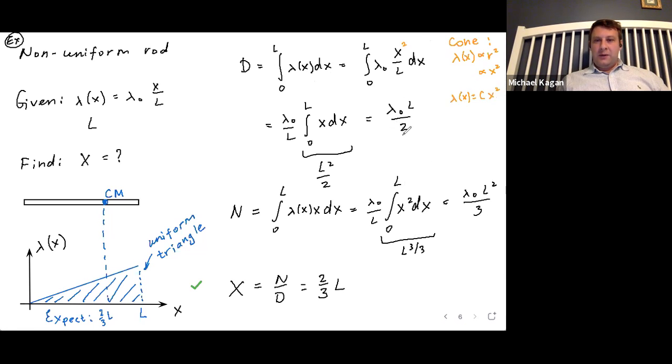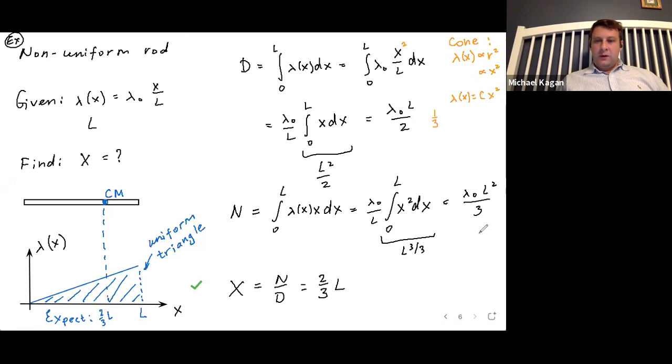That integral would be L over 3. In fact, if we only care about the numerical factors, that would give us 1/3, wouldn't it?